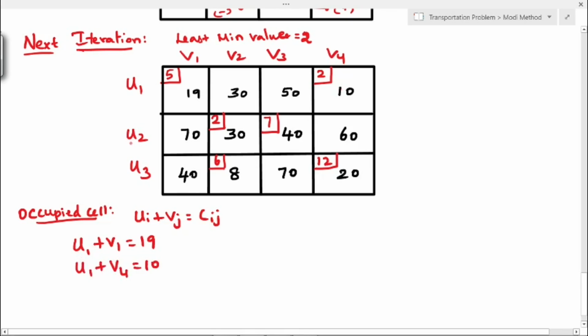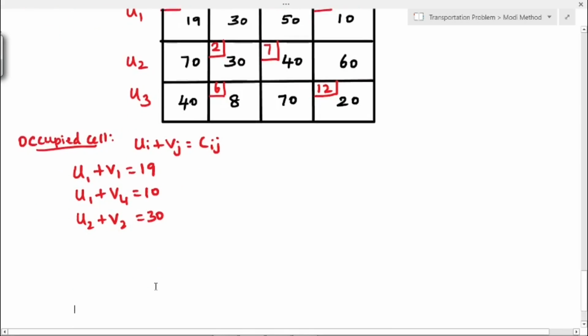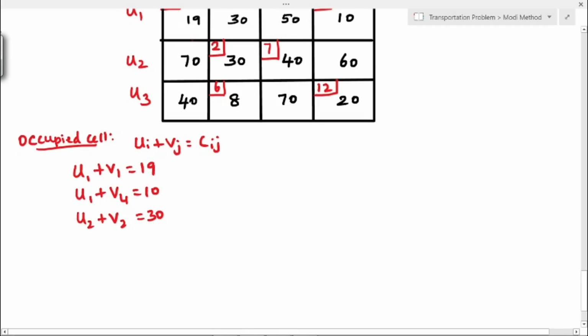Next, second row, U2 plus V2 equal to cost value 30. Next, second row, third column, U2 plus V3 equal to cost value 40.